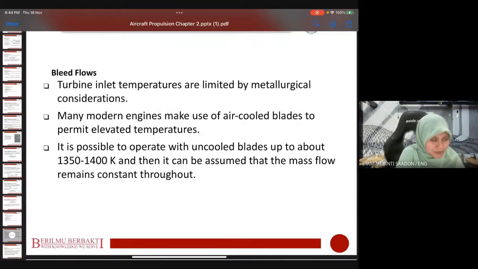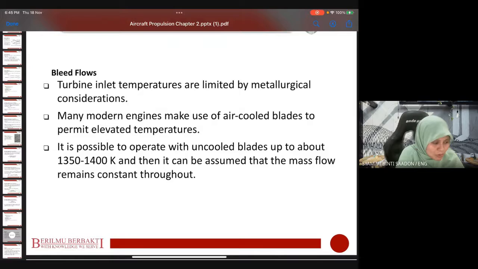We know that we have a constraint, which is the maximum temperature of the cycle, at the turbine inlet temperature, which has a maximum value that it can withstand, which is limited by metallurgical considerations. So many modern engines use air-cooled blades to permit elevated temperature.